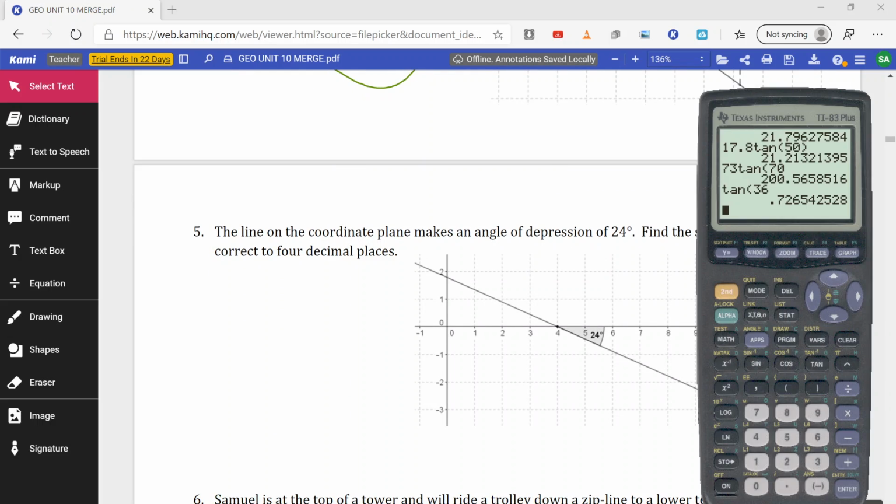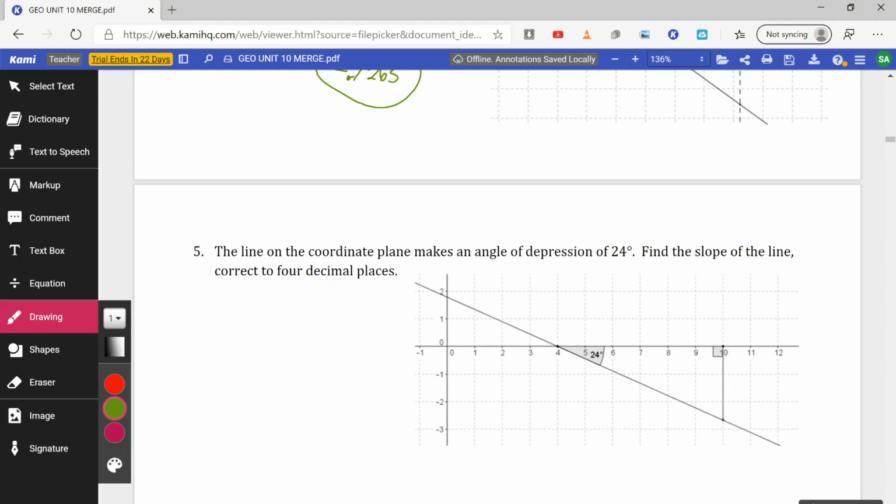So, tangent of 24, and we get 0.4452. Now, what we have going on here is we are going down left to right, so all we have to do is make it negative. So negative 0.4452 would be the slope to 4 decimal places.